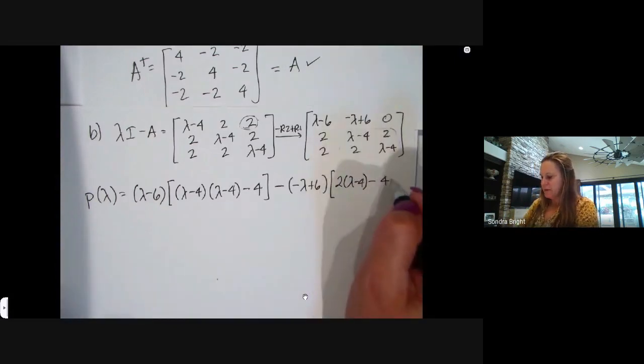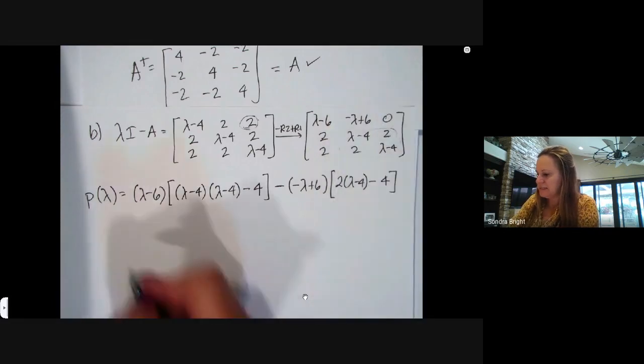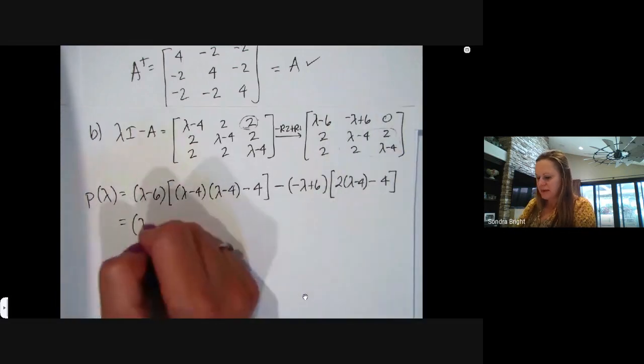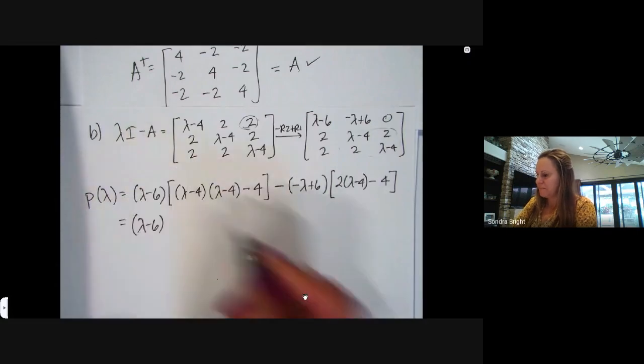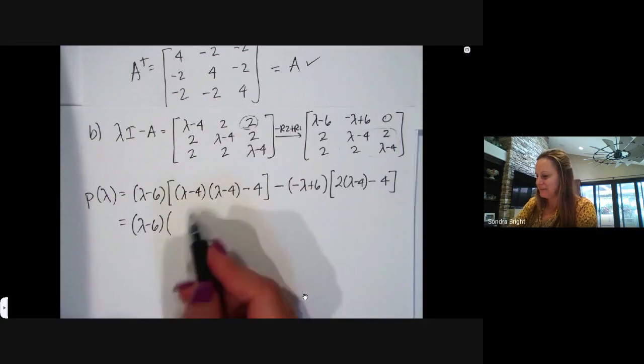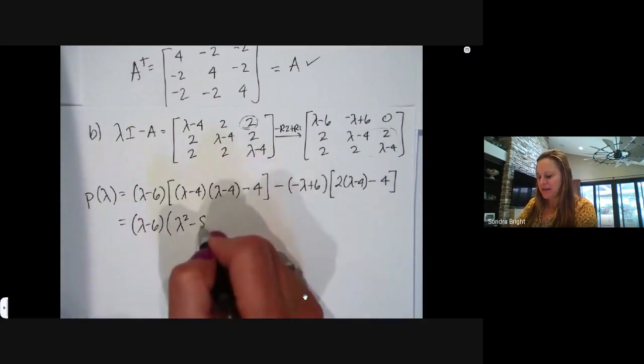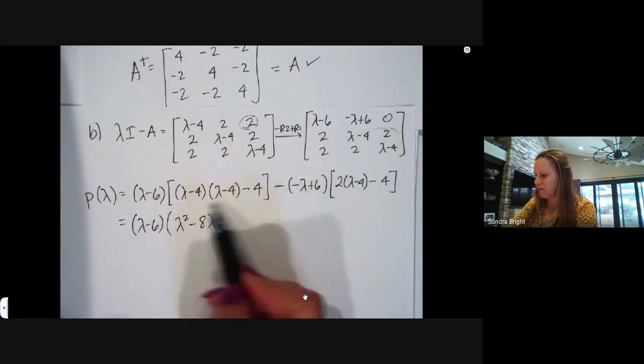Okay, so then let's clean this up. I've got a lambda minus 6 here. This guy would be lambda squared minus 8 lambda plus 16 and then a minus 4, so a plus 12.